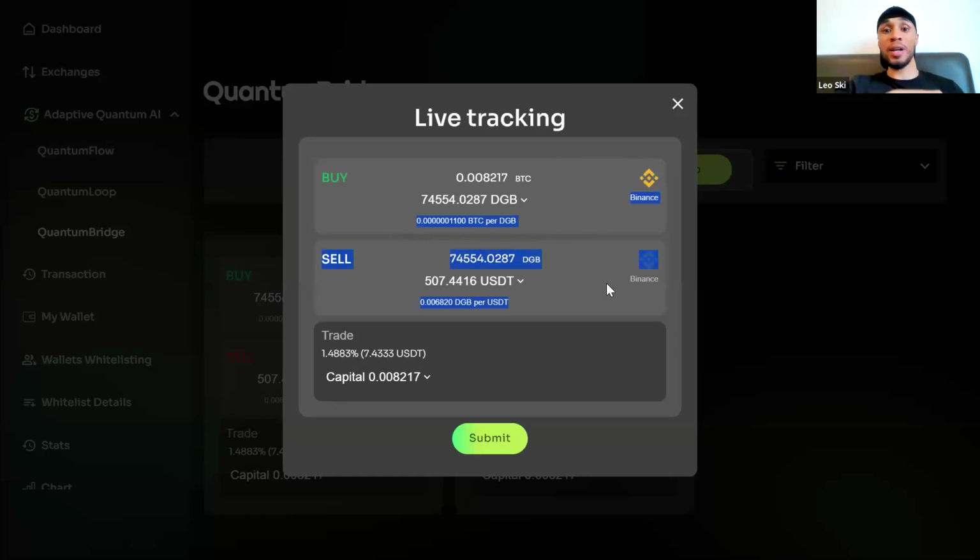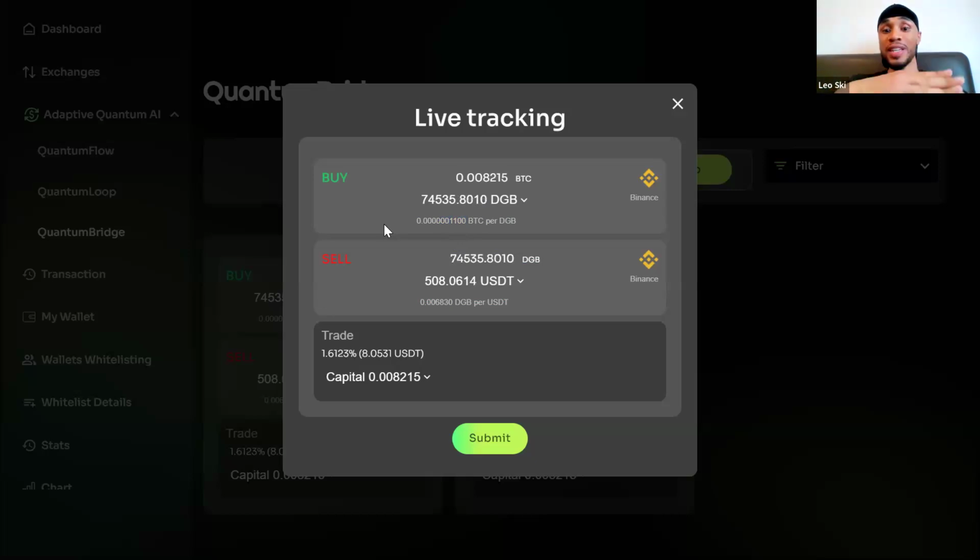Based off of what I've said earlier, it means that you're going to have somebody selling this amount of DGB for the order to execute. And it needs to be at this price for it to execute.